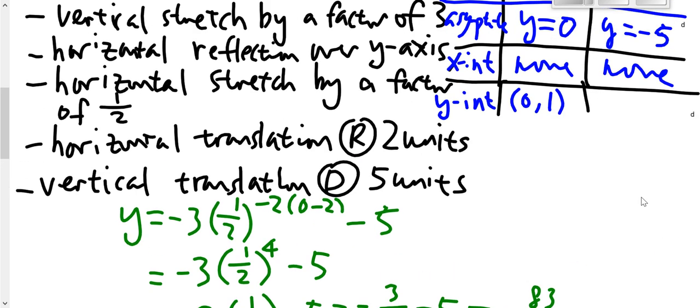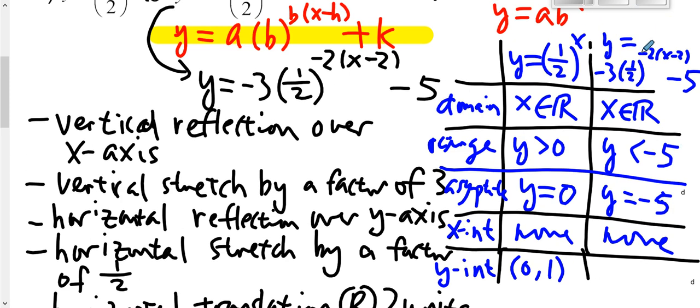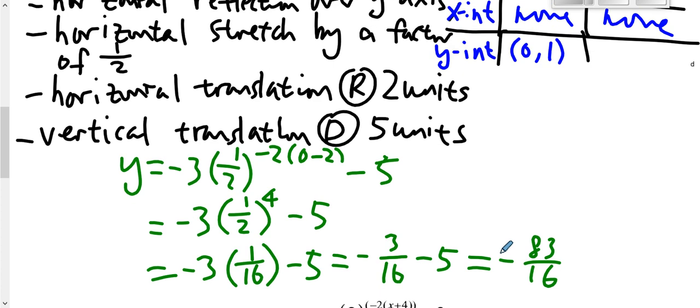As I said, because this is not in the standard form, don't eyeball it by saying the y-intercept is negative 3. No, you screw up big time. Okay, so now if you look at this one here, we have 0 and negative 83 over 16.